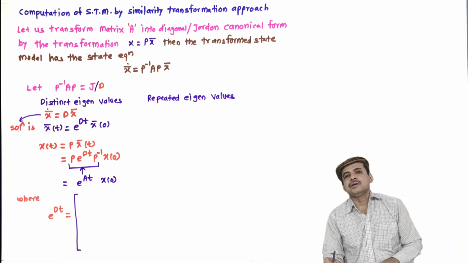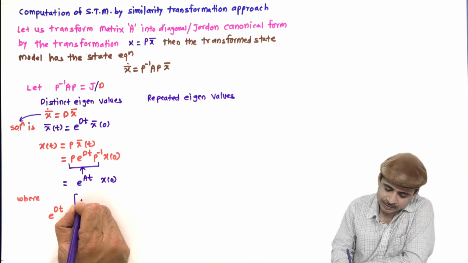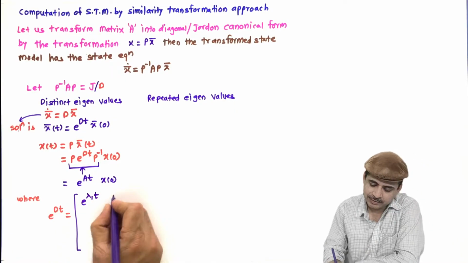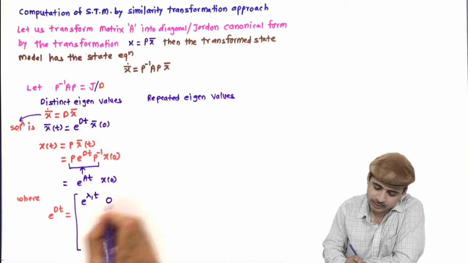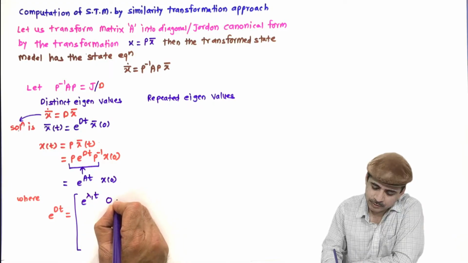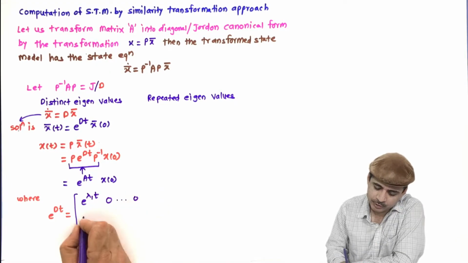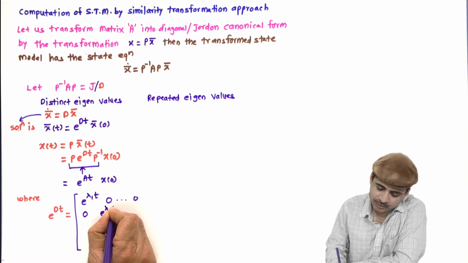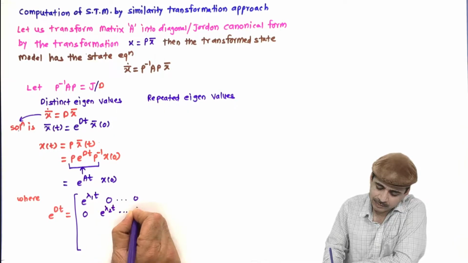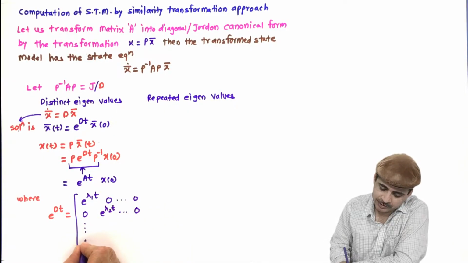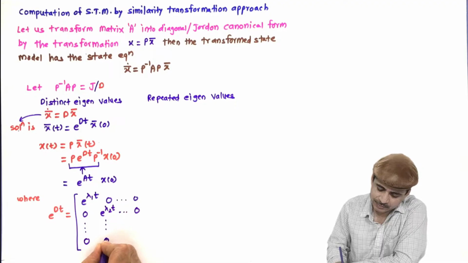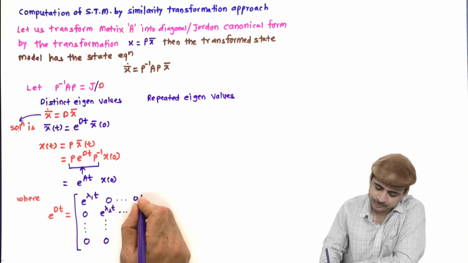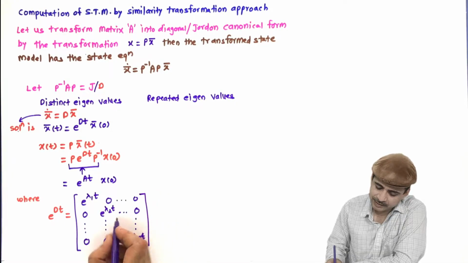Let it have n eigenvalues, then this will be e raised to lambda 1 t, 0, all zeros, 0, e raised to lambda 2 t, all zeros, and let us continue it till the last, which will be e raised to lambda n t.